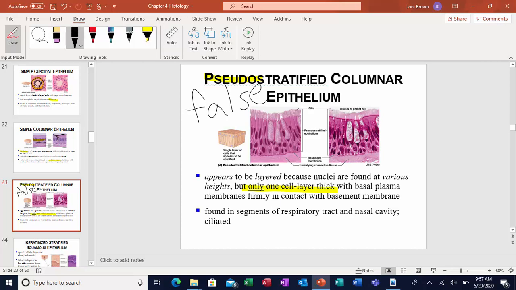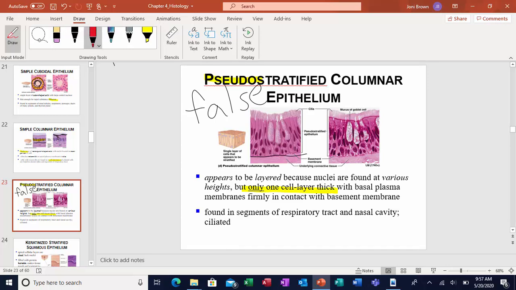You see, here's your basement membrane, and you can really see those goblet cells there. You see them that make the mucus? That's an example of one cell functioning as a gland, and they make this mucus, and then it moves up here, and the cilia sweep it all over the apical surface. You find a lot of this in your respiratory tract and your nasal cavity.